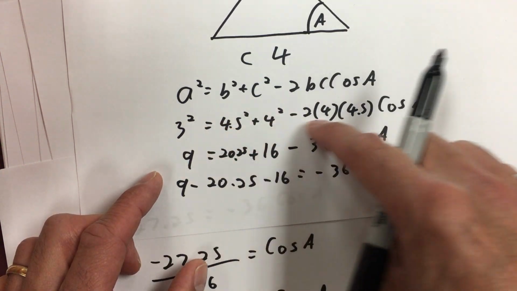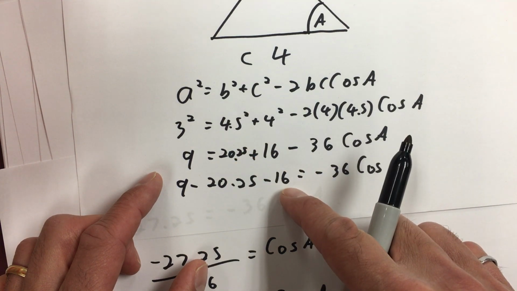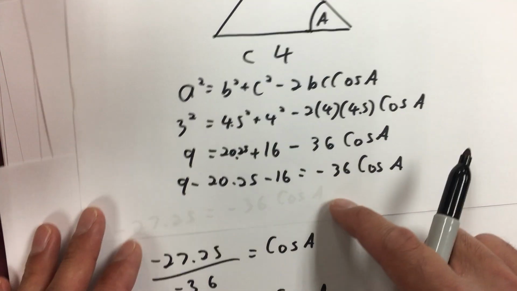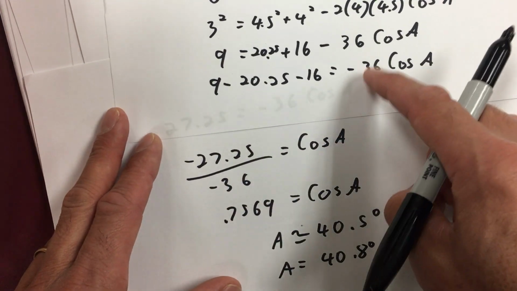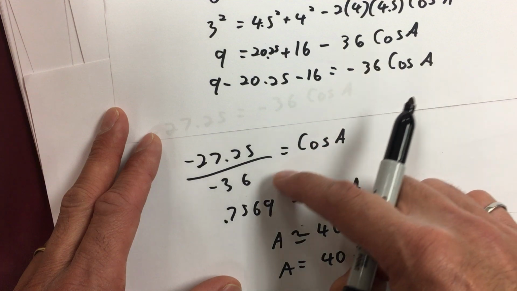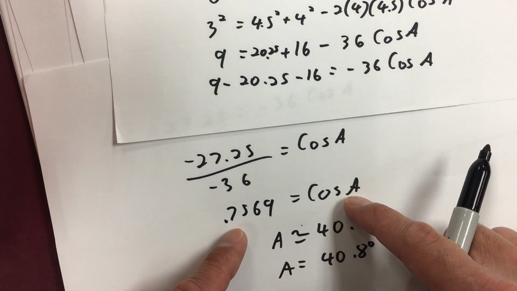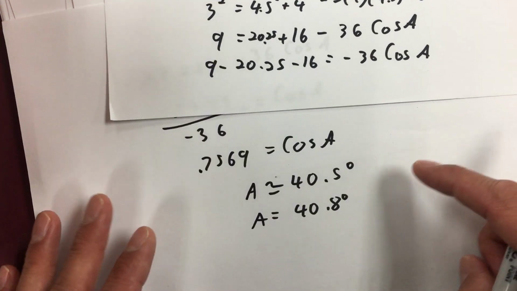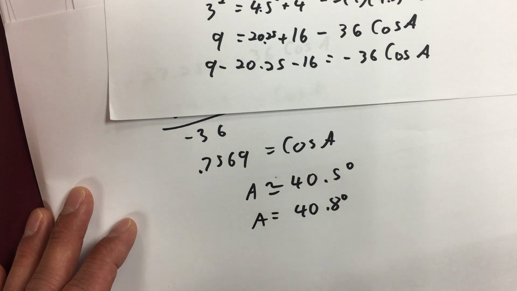So after squaring these numbers, I subtracted these from both sides, bringing them to the left, found the difference after subtracting, and then divided out that negative 36 to get me the cosine of A. Once you found the cosine of your angle, use your table or your calculator to find the inverse cosine to find the angle that goes along with it.